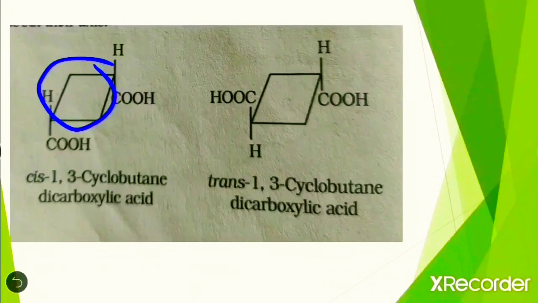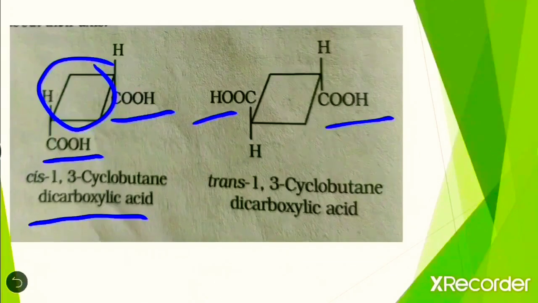So over here the carboxylic acid groups are on the same side. Therefore, it is cis-1,3-cyclobutane dicarboxylic acid. Over here, the carboxylic acid groups are on opposite sides. Hence, it is trans-1,3-cyclobutane dicarboxylic acid.